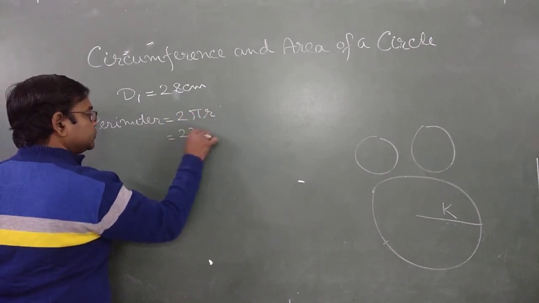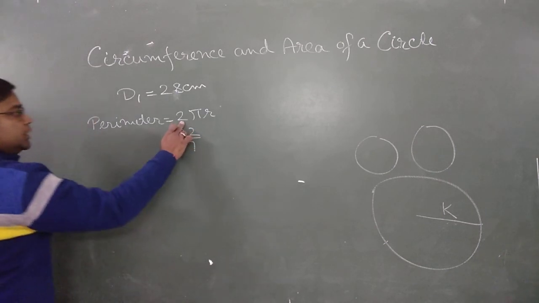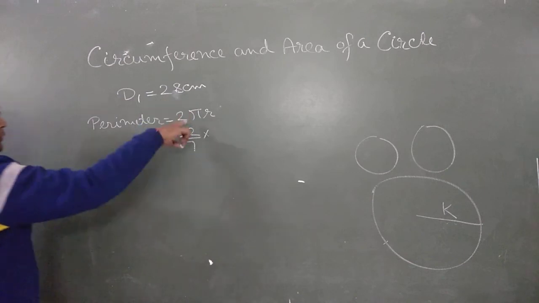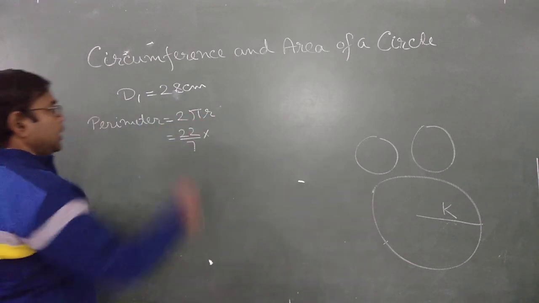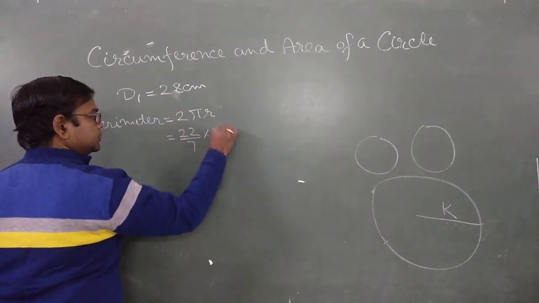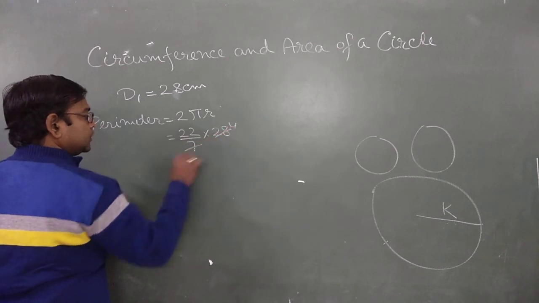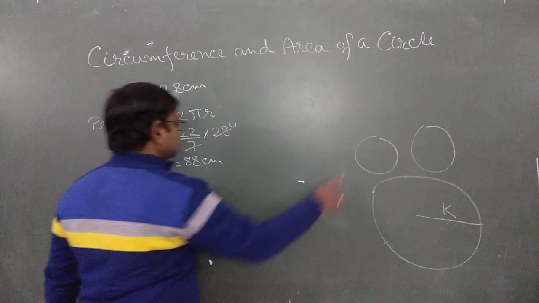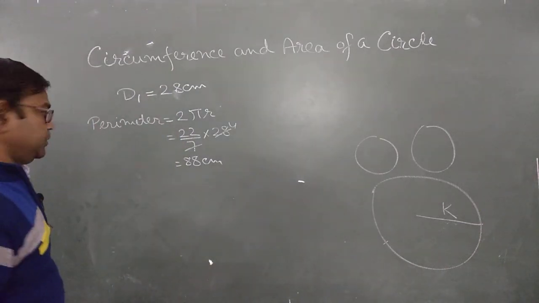The value of pi is 22 upon 7, and 2r is equal to 28 because 2r means diameter, and here we have the diameter. It's 88 centimeter. The length of this first wire is 88 centimeter.